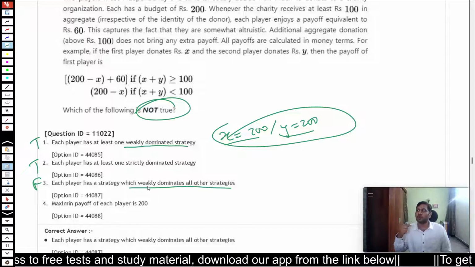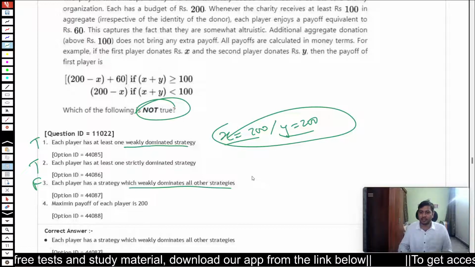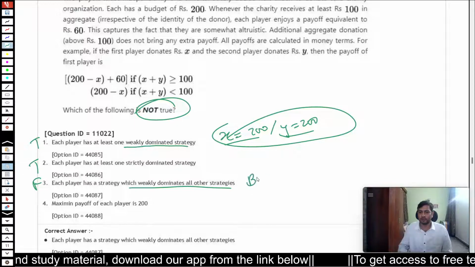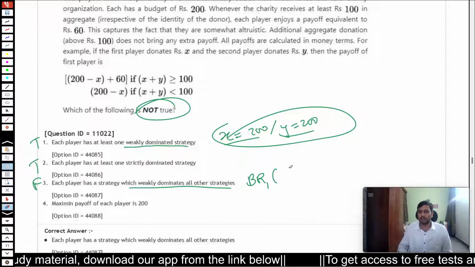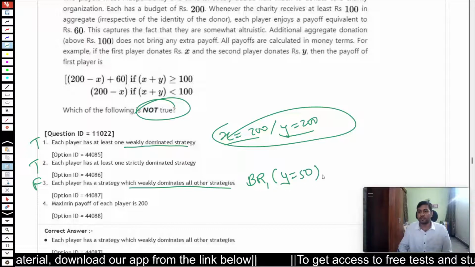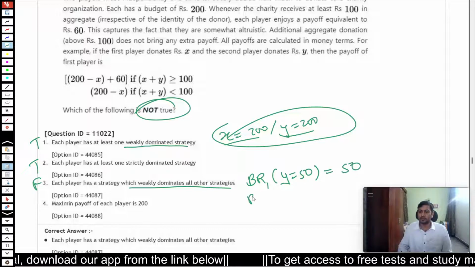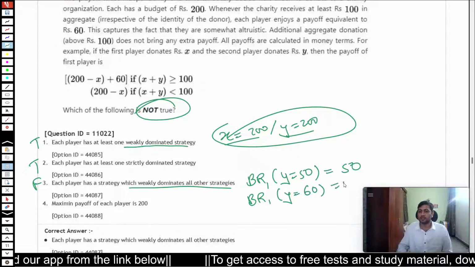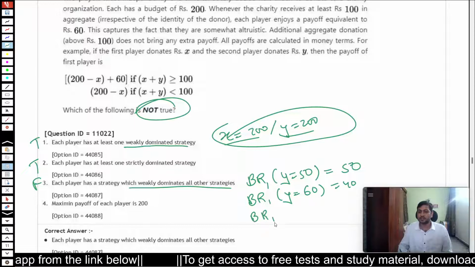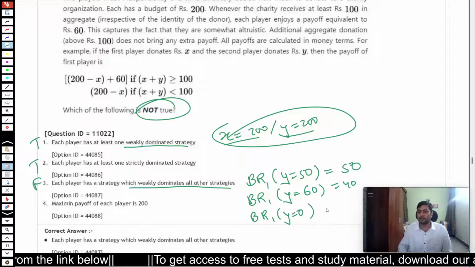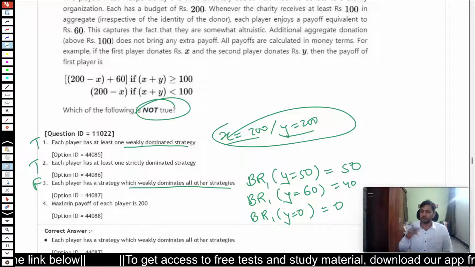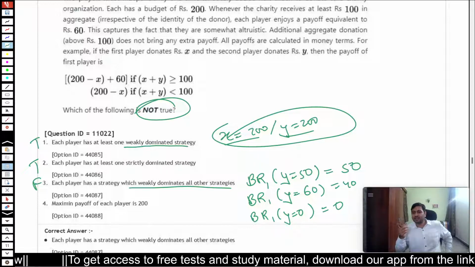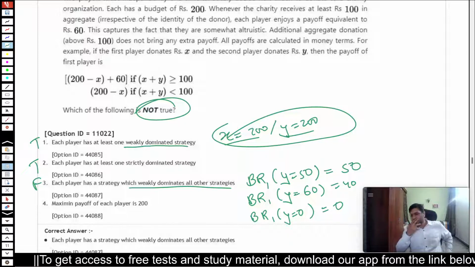So if the other guy is donating 50 rupees, best response of player 1 for y equals 50 is 50, whereas best response of player 1 for y equals 60 is 40. Best response of player 1 for y equals 0 is 0. So your best response keeps on changing depending on what the other guy is doing. If the other guy is not donating anything, it doesn't make sense for you to contribute everything.